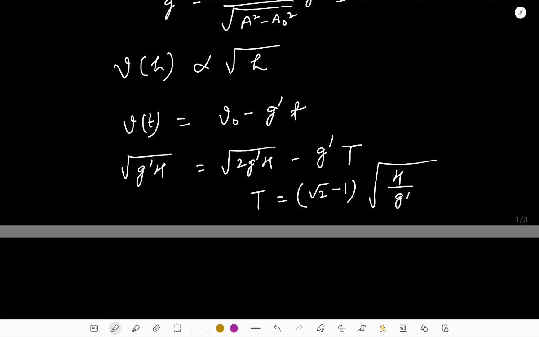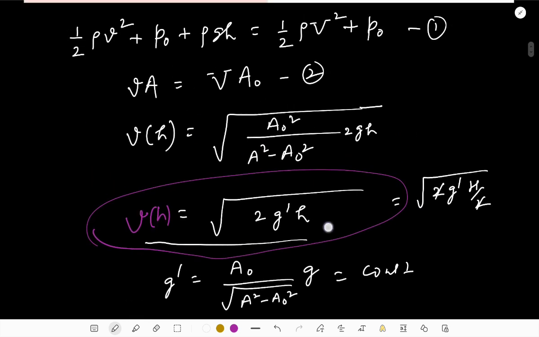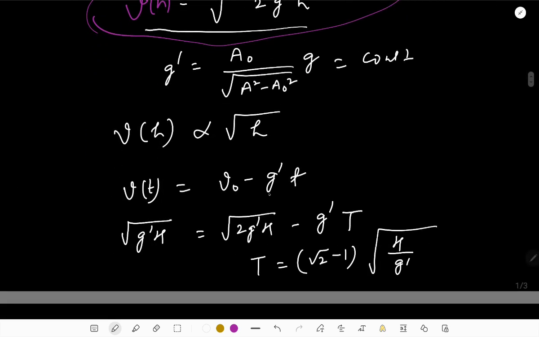Now we need to find the time to completely empty the cylinder or the vessel, and I know at that moment h has become equal to 0. So velocity at that moment is equal to 0, and the required time is nothing but from this formula.